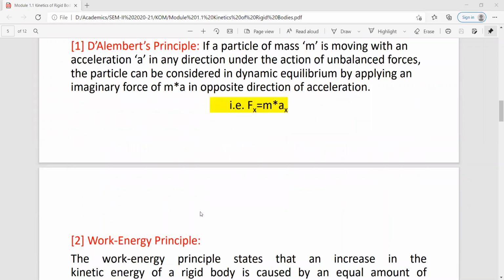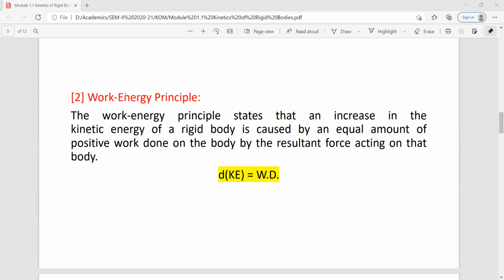So we will make use of the work energy principle to solve the problems. And we will see the two problems which are generally repeated in the paper of KOM.